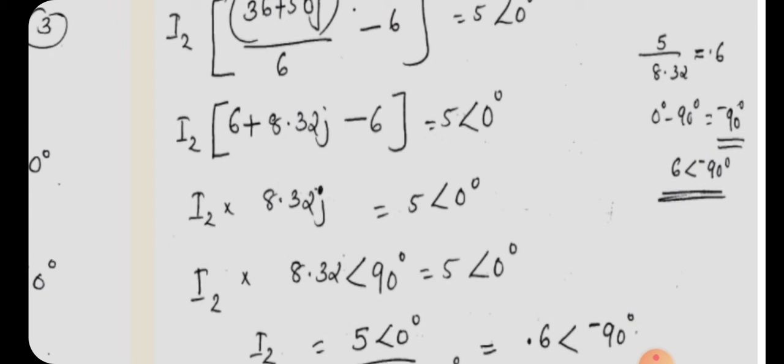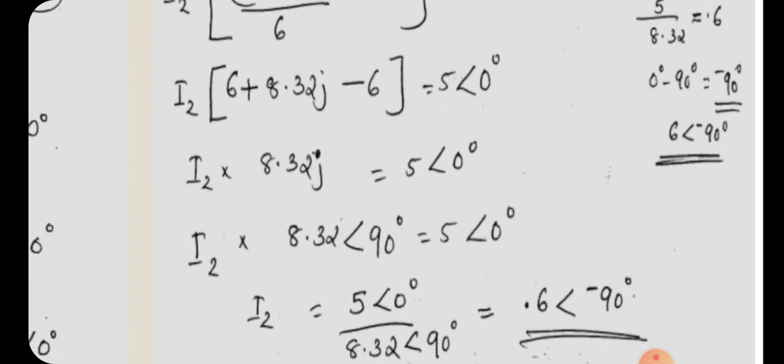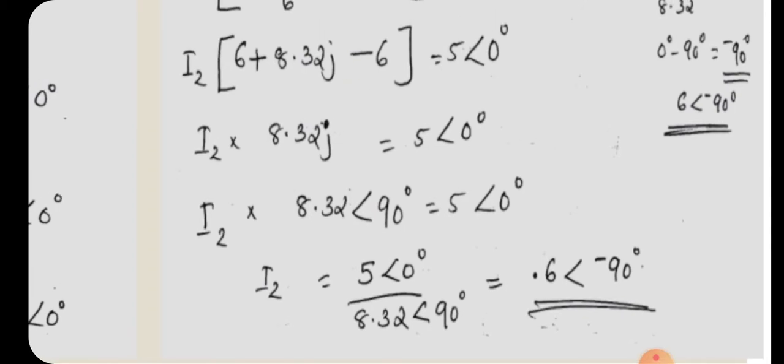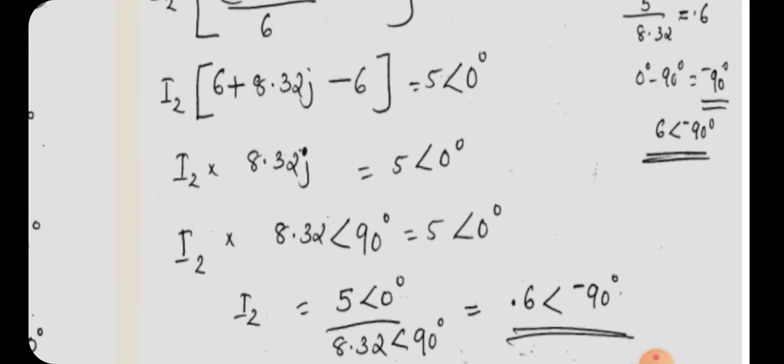So I2 will be equal to, taking the 8.32 term to the right side, 5 angle 0 divided by 8.32 angle 90. This can be solved by dividing 5 by 8.32 and subtracting the angles, 0 degree and 90 degree, so that you will get 0.6 angle minus 90.